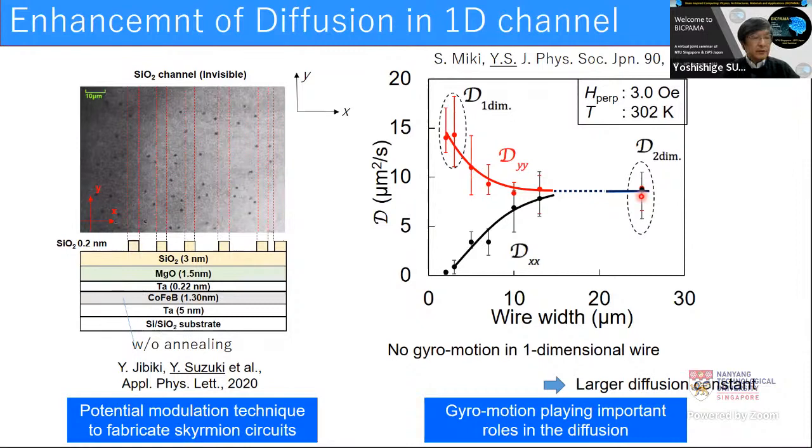If we put it in the one-dimensional channel, the gyro motion is suppressed, and we may see such an increase in the diffusion constant. Therefore, this is the proof that the gyro motion is important in the diffusion of the skyrmion.